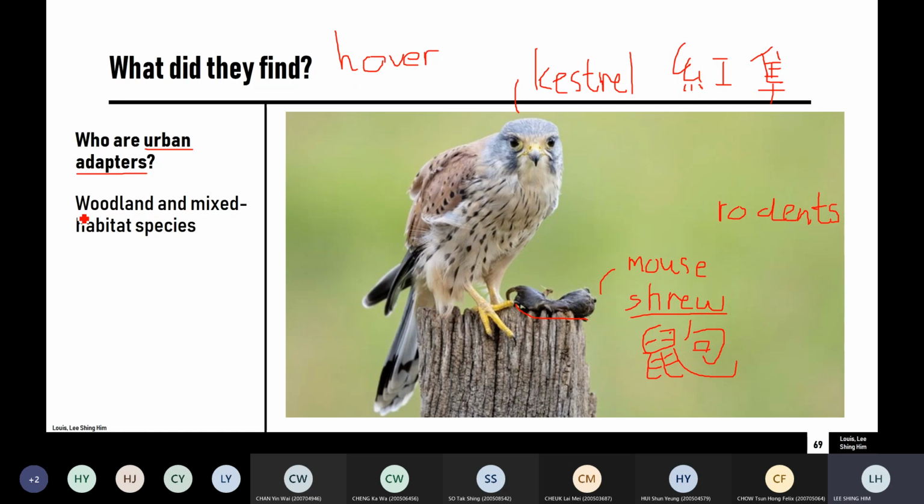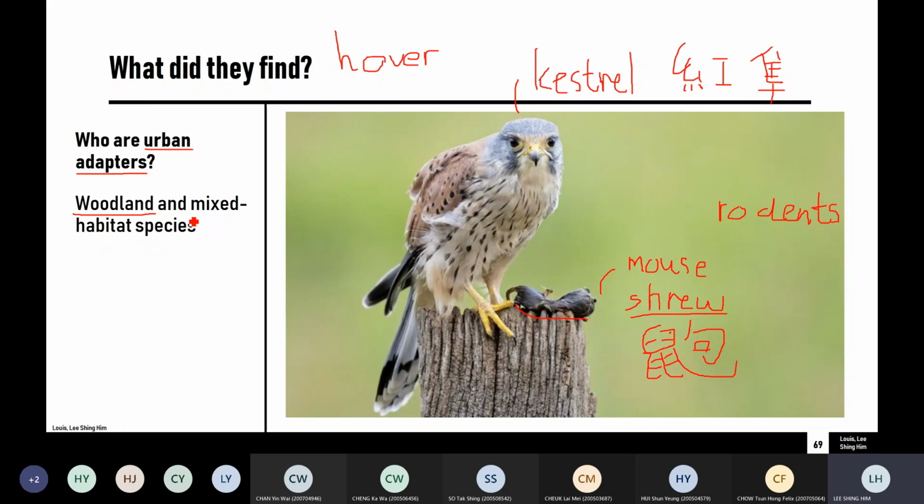And those species are woodland and mixed habitat species. Now, when you see this woodland, it is very clear. It means that these species originally live in woodland. You can imagine, woodland is quite dense vegetation, and these raptors should have better flight abilities to hunt in those dense vegetation.